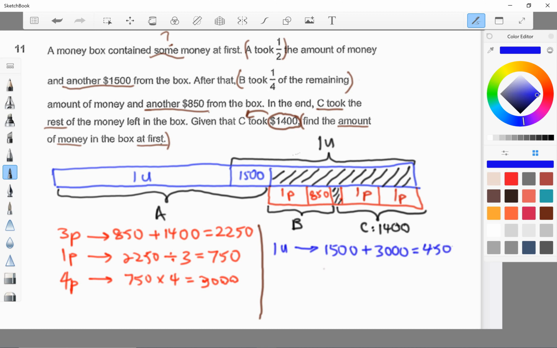Given that we are searching for the amount of money at first, and the amount of money at first happens to be 2 units, we are just one step away from the answer. So 4500 multiplied by 2 gives us 9000. So my final answer in this case has got to be $9,000. So $9,000 is the amount of money in the box at first.